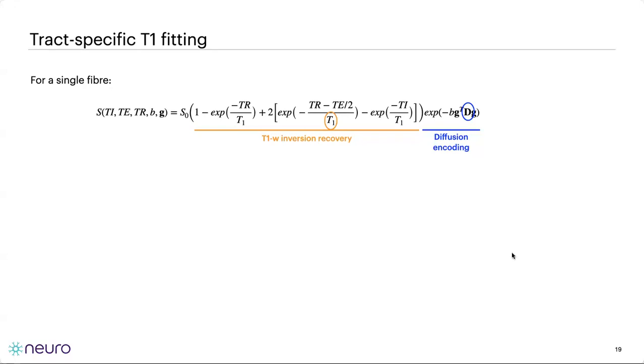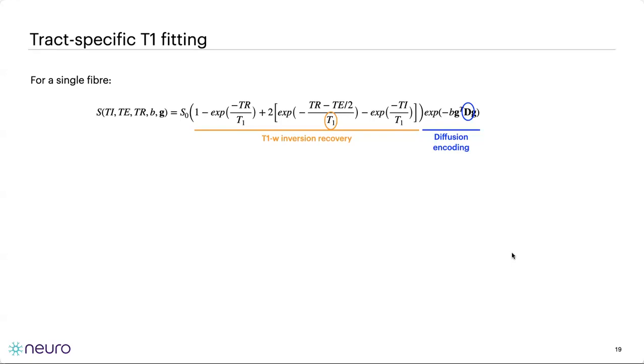So this is your signal equation for a single fiber. I figure it's fair to put a few signal equations in the presentation, you know? So it's not complicated. This is basically your inversion recovery experiment, right? So S naught is like M naught, your equilibrium magnetization signal. And then you have a function that's your T1 decay.